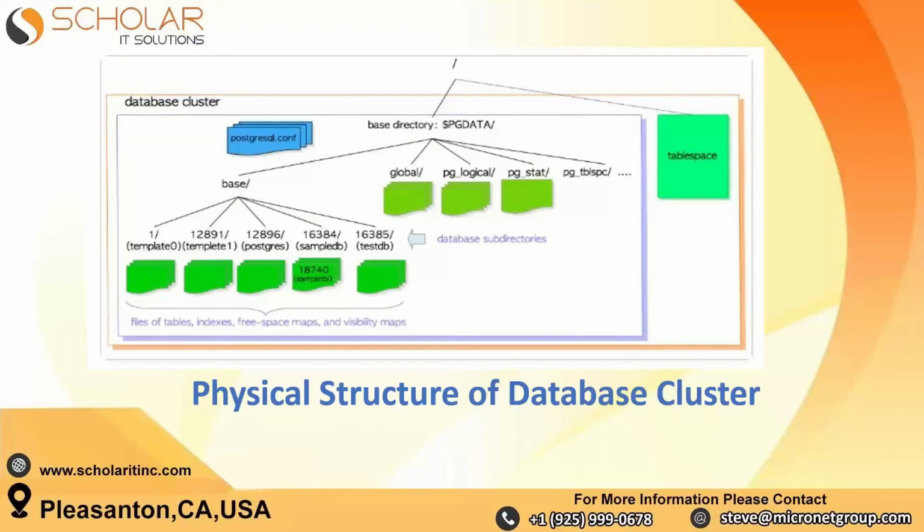What is the difference between the Postmaster and the Postgres DB service in that case? They are the same. In previous versions, they used to call it Postmaster, and in recent versions they started calling it Postgres service process.